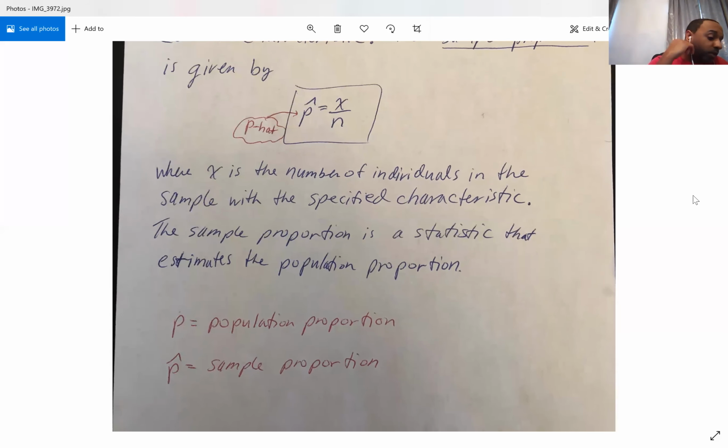And as far as symbolism goes, P is your population proportion. P hat is going to be your sample proportion.